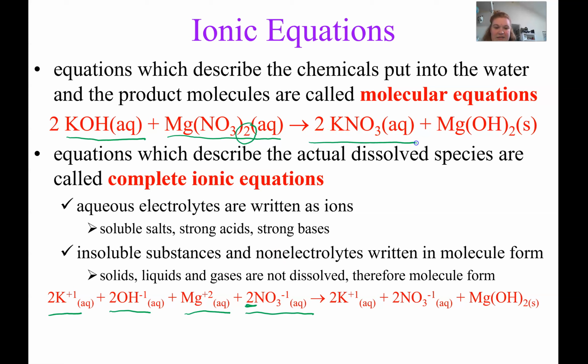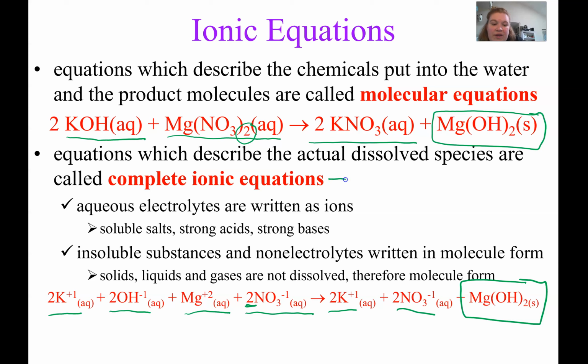And then our potassium nitrate gets broken out into potassium and nitrate ions. And our magnesium hydroxide solid stays a molecule. The only thing we're going to break apart here are aqueous compounds. So the aqueous, we're going to write them as ions.